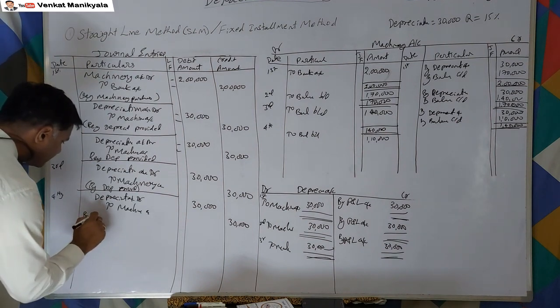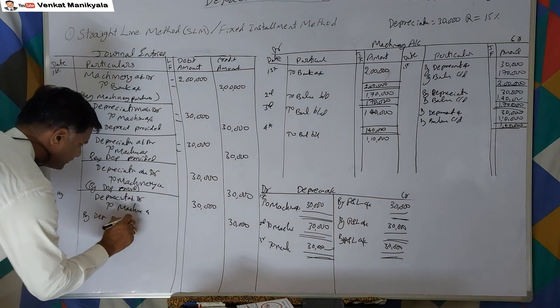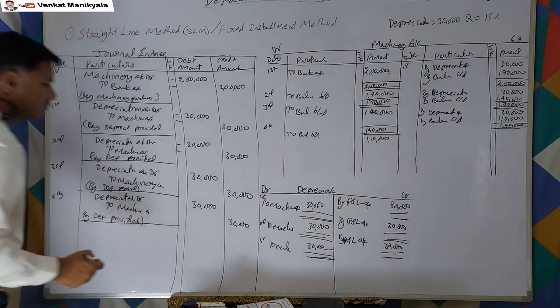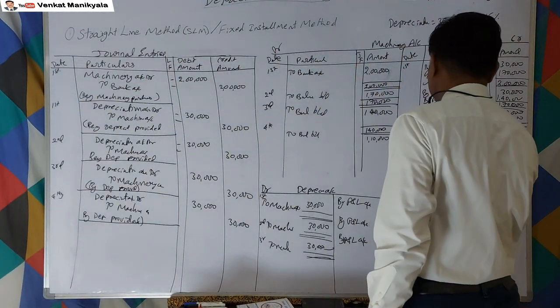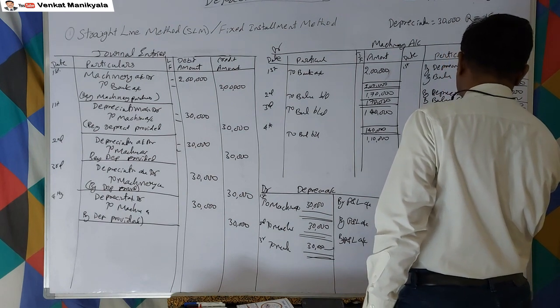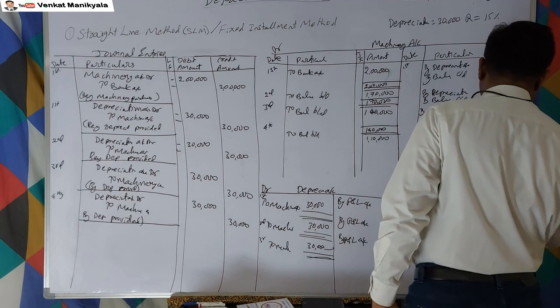Being depreciation provided, right? Here on the fourth year we have to post by depreciation account 30,000, right?